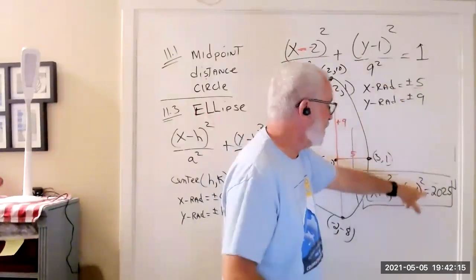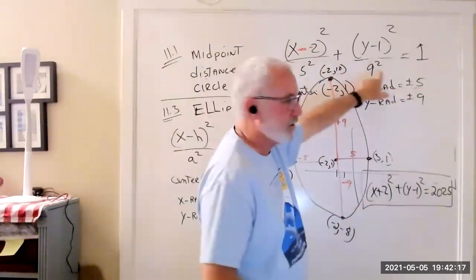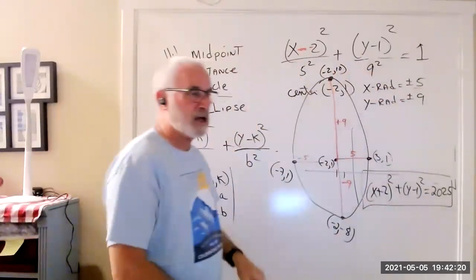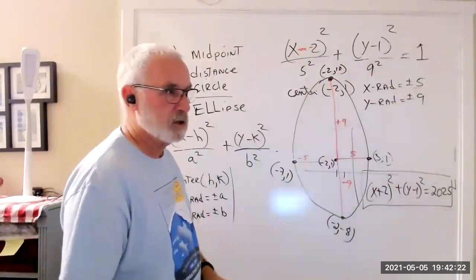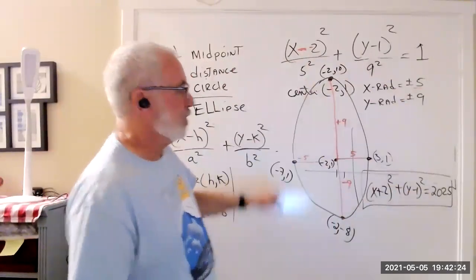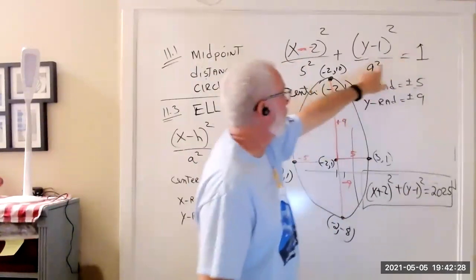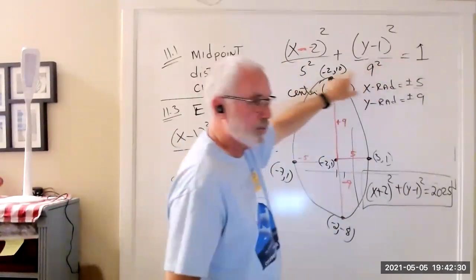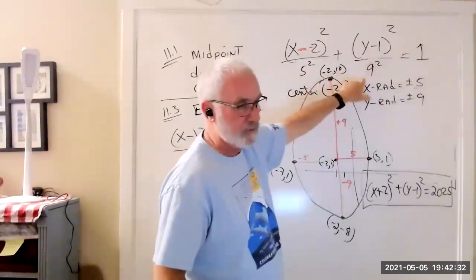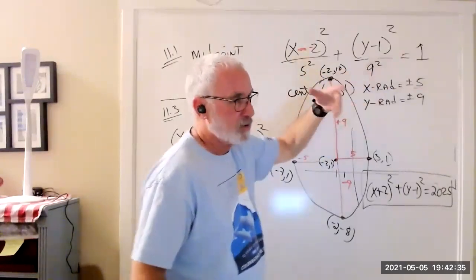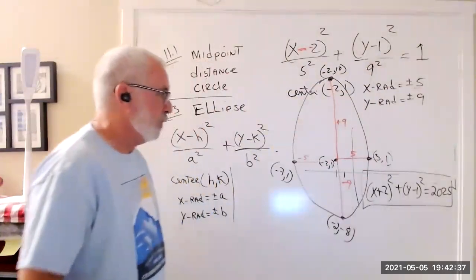By forcing it into this format, it tells you what the X and Y radius is. So the 1 is kind of critical to us because it'll force these numbers to appear and those help us to graph it. Now, I'm not sure that was the answer you're looking for.